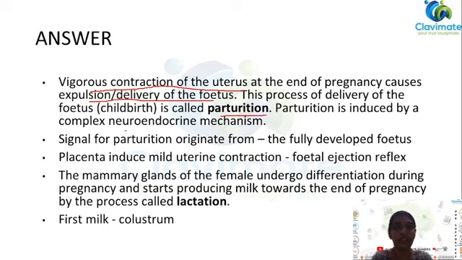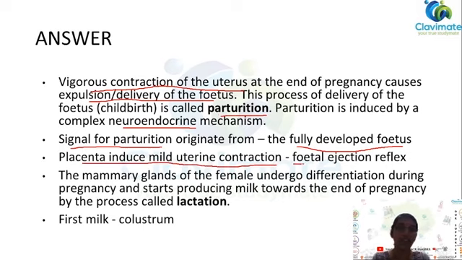It is induced by a complex neuroendocrine mechanism, and the signal for parturition originates from the fully developed fetus. The placenta induces mild uterine contraction, which is called the fetal ejection reflex. This uterine contraction delivers the fetus, and this is called parturition.